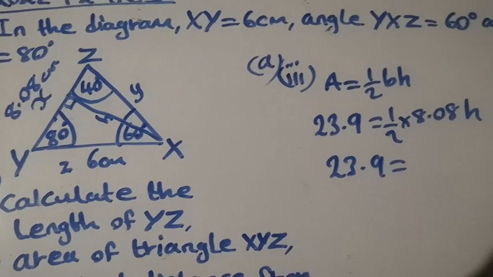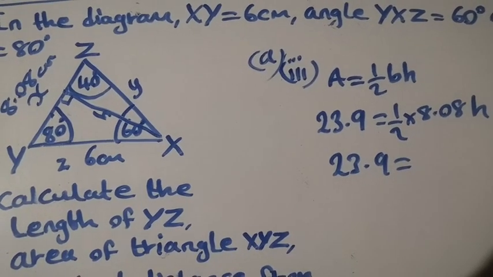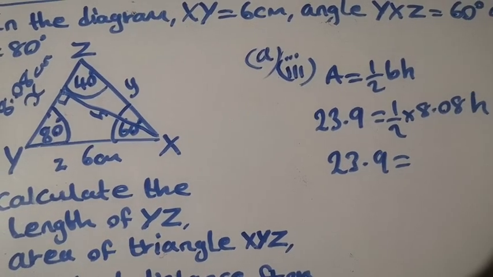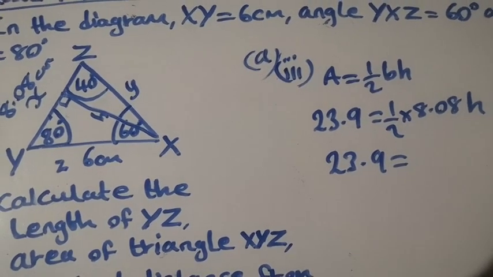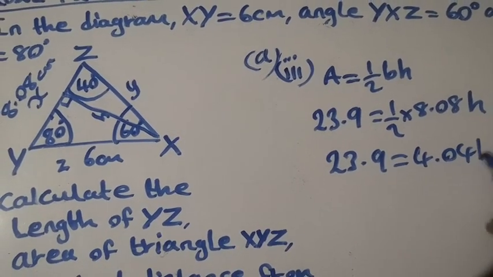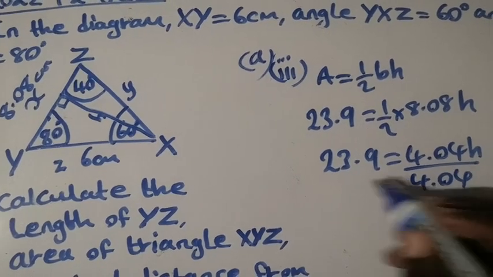So this will be 23.9 equal to 8.08 divided by 2, which is 4.04 h. You divide both sides by 4.04.